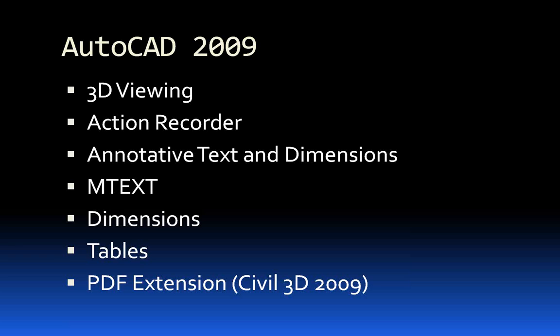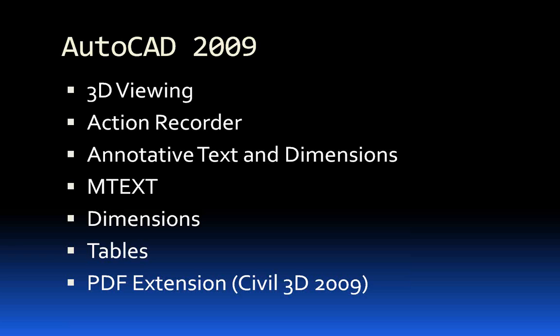We will then move on to the new Annotative Text functionality, which lets us control our text height based on view or drawing scale as opposed to giving explicit fixed heights like we're used to in the past.